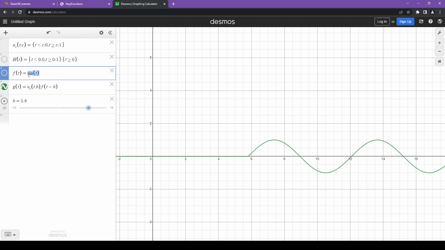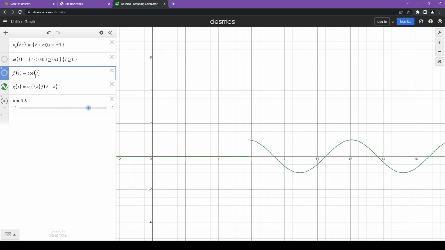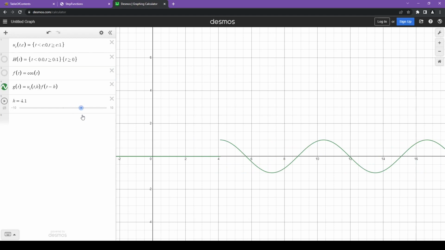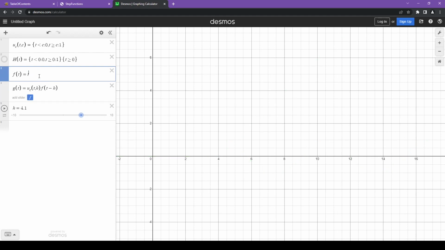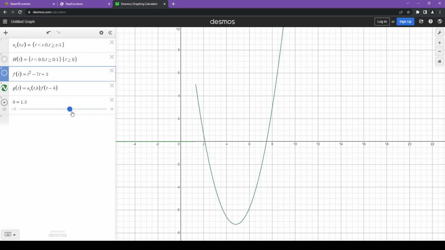Okay, I can choose some other function here, and I get the same thing. And this time we have a jump discontinuity. And that slides with it. Same thing happens. We get the horizontal translation of the function. And this can be as complicated as we want to make it. Here we have a parabola.